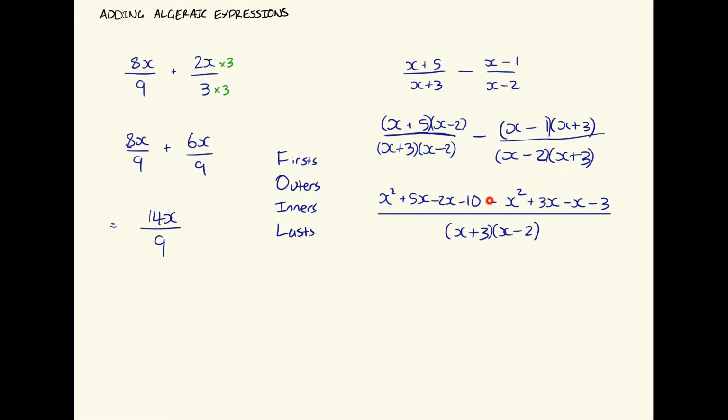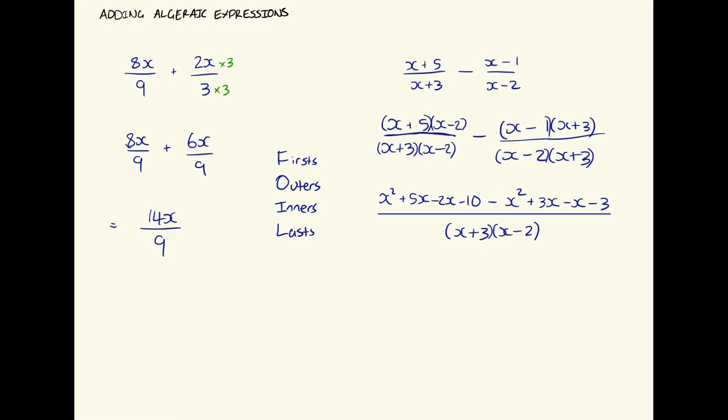If you're taking away negative x, well, that's also the same as adding, because a negative and a negative makes a positive. So I just want you to keep in mind that when we start collecting these like terms, this negative is actually being applied to this term, this term, this term, and this term. I'll remind you again, but just keep that in mind.